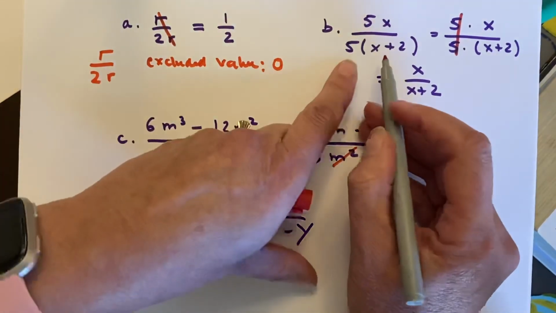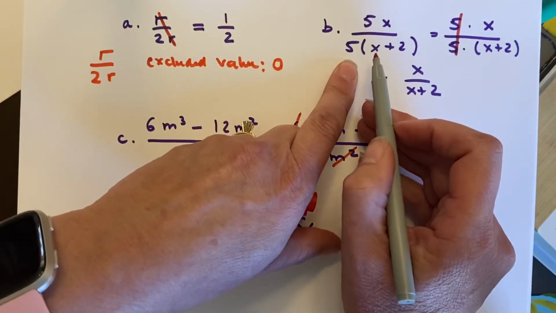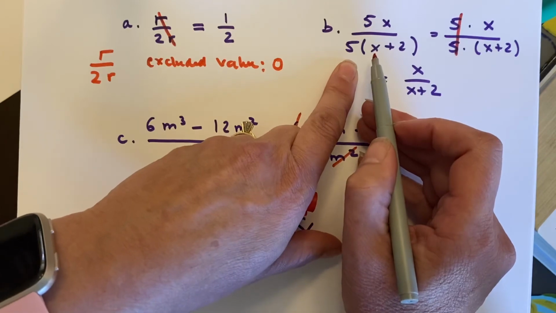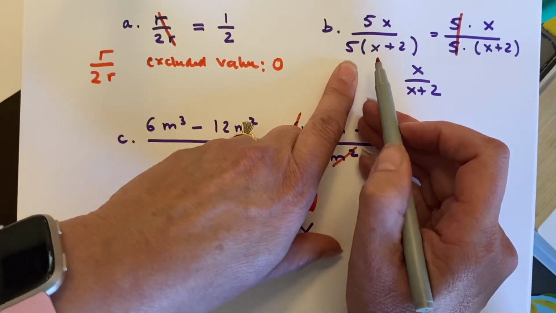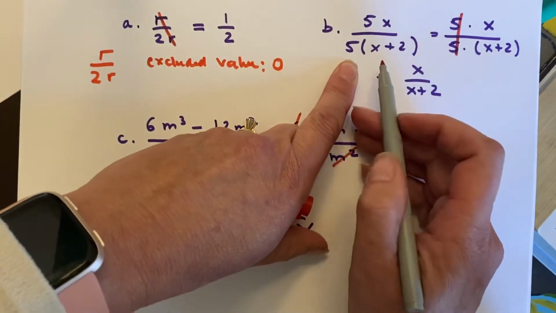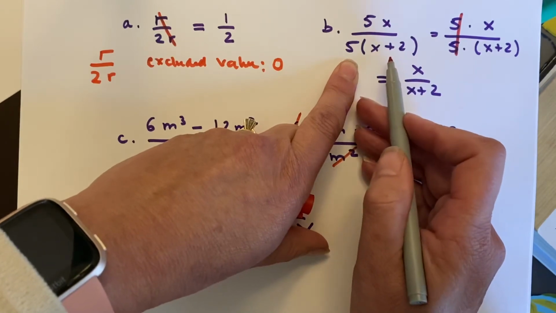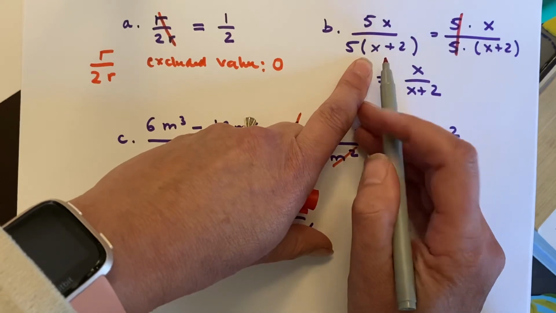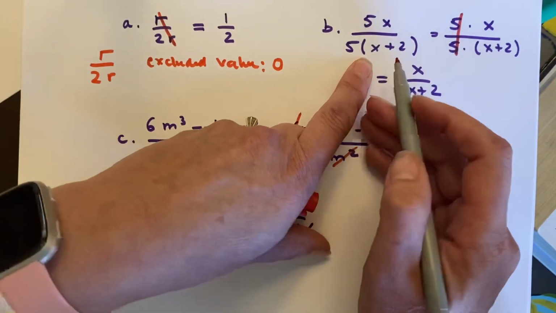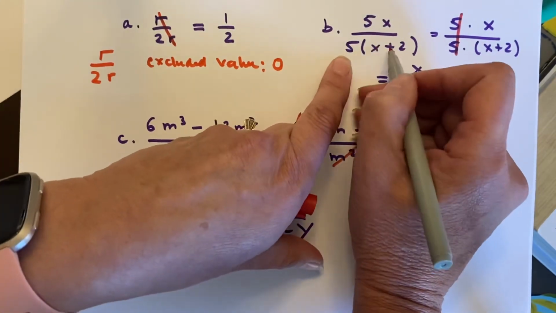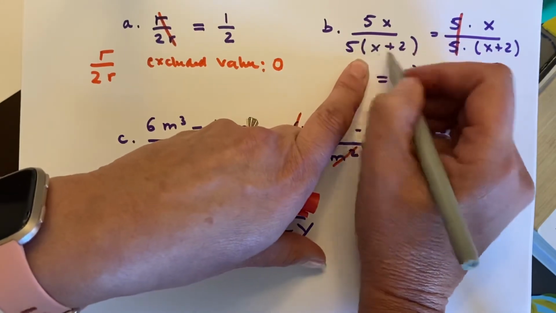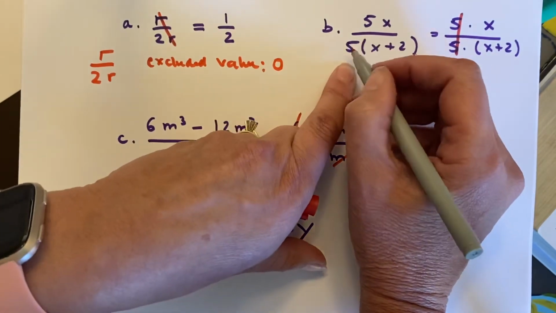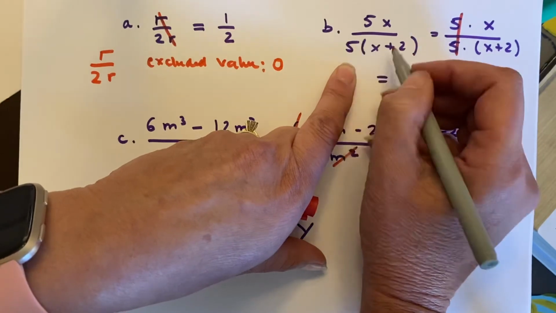Let me now look at B. What value of x will give me a denominator of 0? Well, I have here 5 times x plus 2. Whatever is in the parentheses is going to multiply by 5. So if what's in the parentheses is 0, and I multiply it by 5, I'll get a 0 in the denominator.